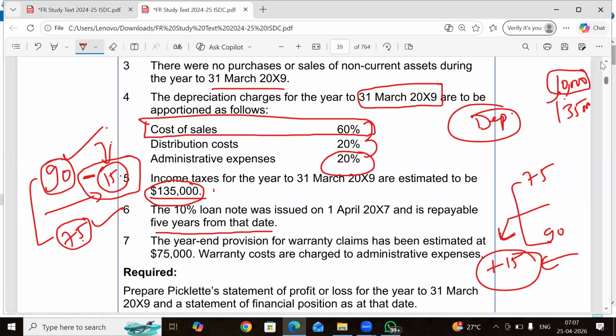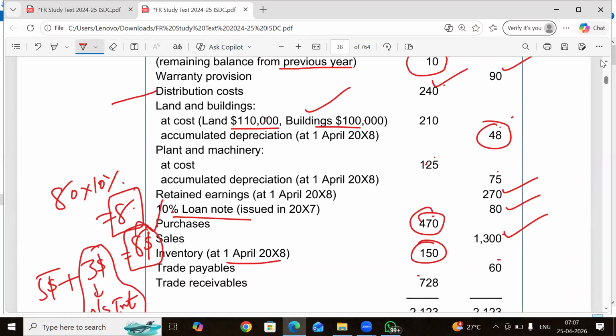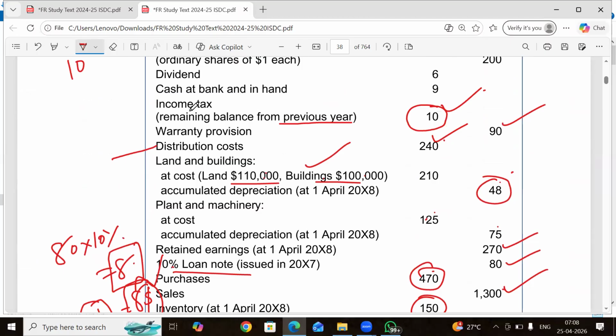So what is the point here is income tax remaining balance from previous year. That means they made an income tax provision. Let's say the income tax provision was, let's say, 100.